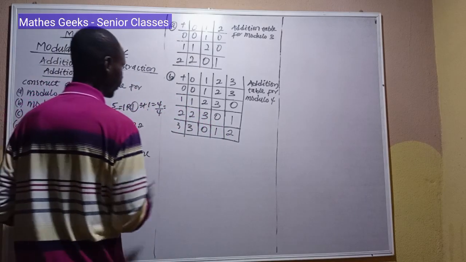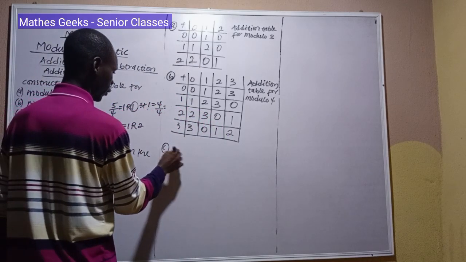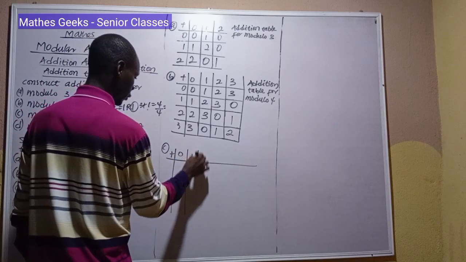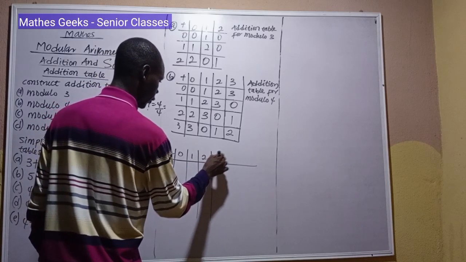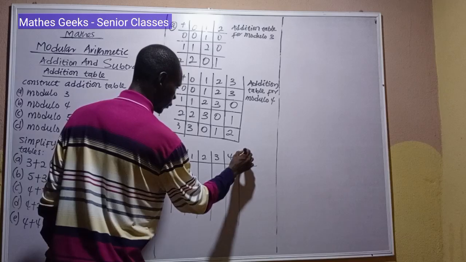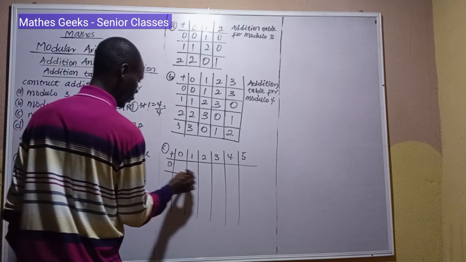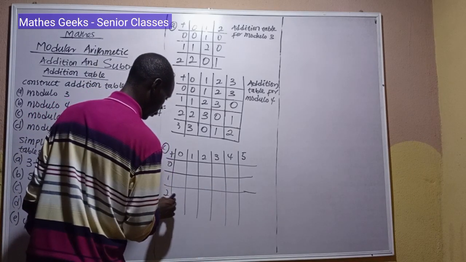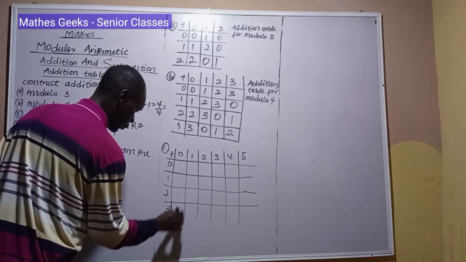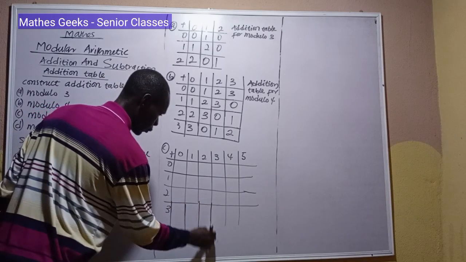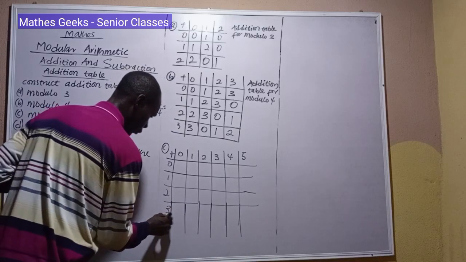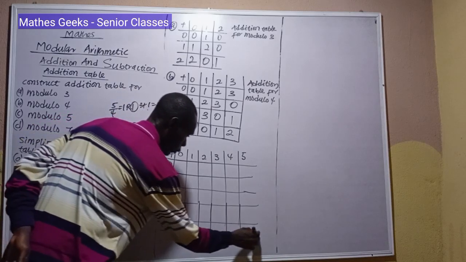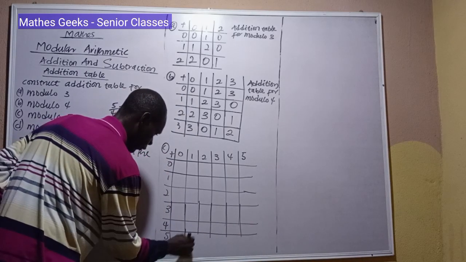The next is modulo 5, C plus 0, 1, 2, 3, 4, 5, 0, 1, 2, 3, 4, 5.